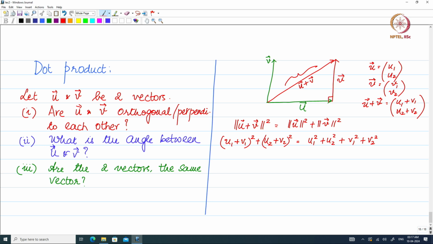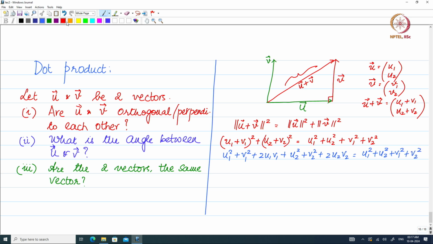Now, if you do the expansion of this bracket, you get u1 square plus v1 square plus 2 u1 v1 plus u2 square plus v2 square plus 2 u2 v2 is equal to u1 square plus u2 square plus v1 square plus v2 square.